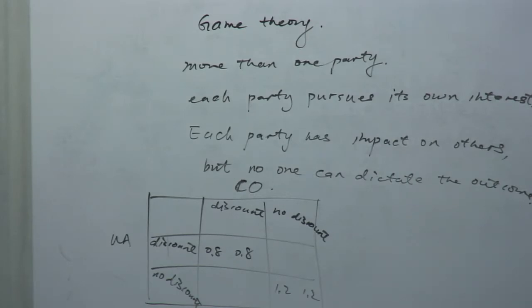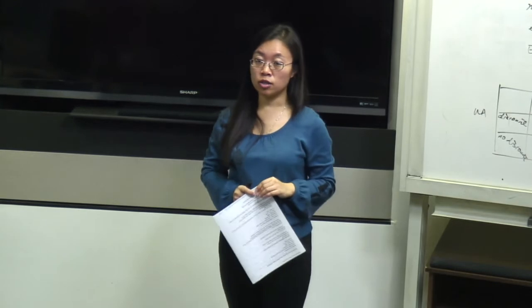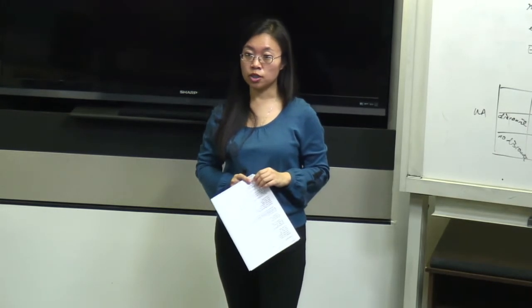What happens if one guy offers a discount and the other guy does not? The one offering the discount gets higher profits. The one that offers a discount is going to get all the customers. The other one is going to make 0. Everybody is going to buy the cheaper ticket, right?